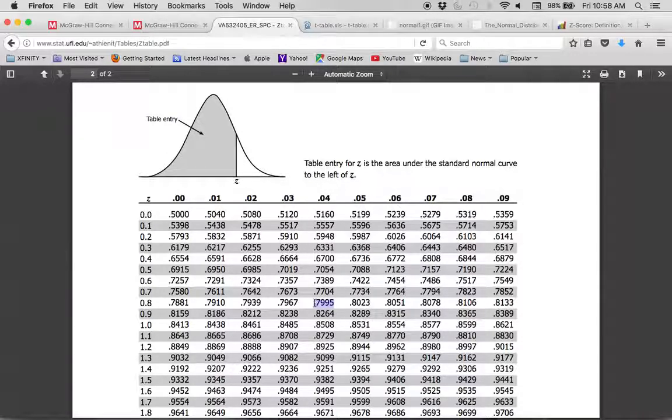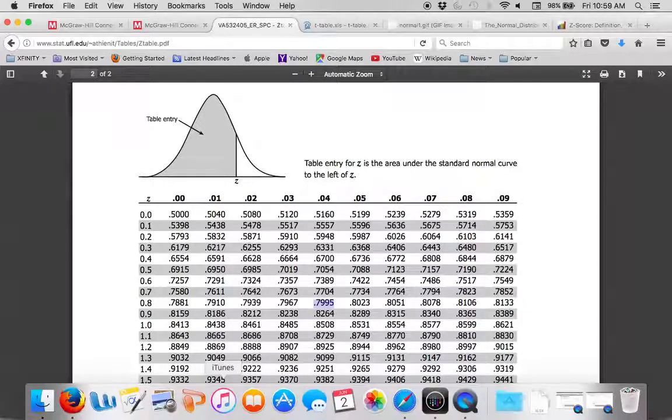We take the 0.7995, and we subtract the 0.5. We subtract the mean. All right, so we take the percentage of the population below where you're at, subtract the percentage of the population below the mean, and that gives us the percent of the population between where you're at and the mean.